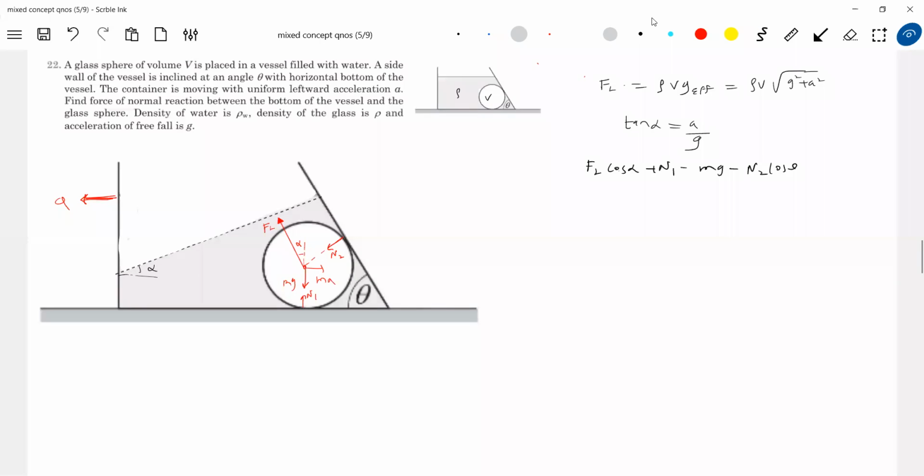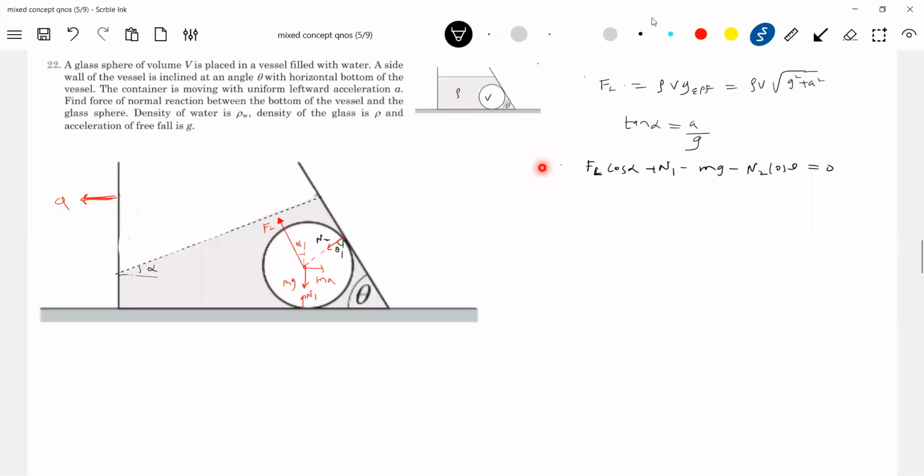This will be theta here, no? I think all the angles are there, so it should be equal to 0. This is along Y axis.